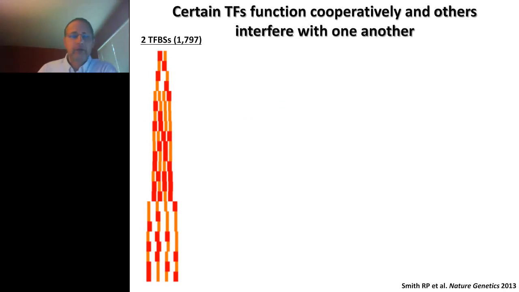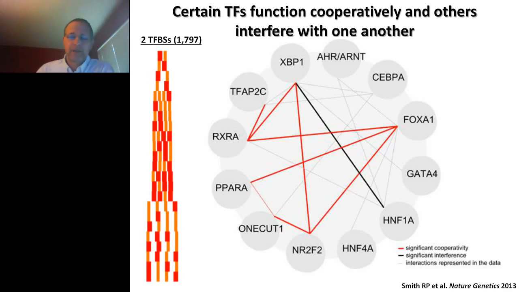In terms of 2 transcription factor binding sites, what was nice is that we can start looking at rules of interaction between different transcription factor binding sites. So for example here, if we have this transcription factor, FOXA1, and this one right here, NR2F2, if we have a red line, as you can see here, between them, that means that they interact better with one another.